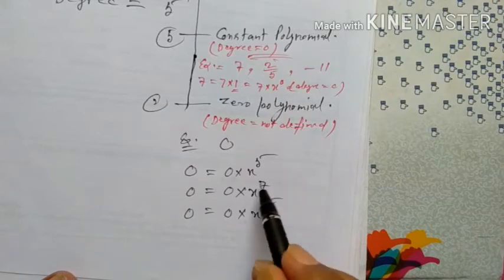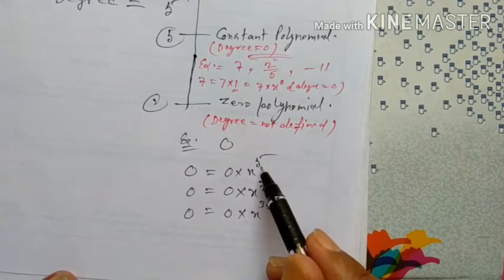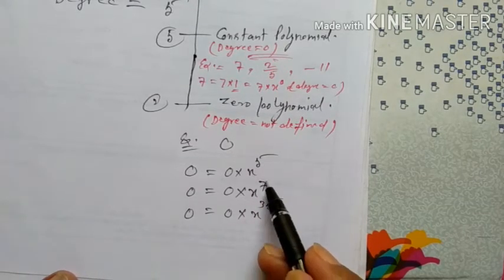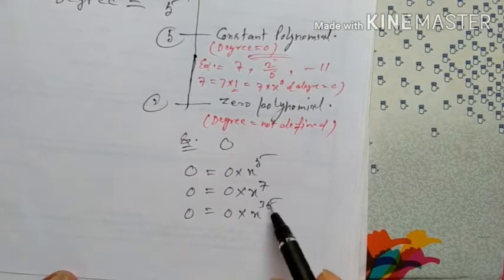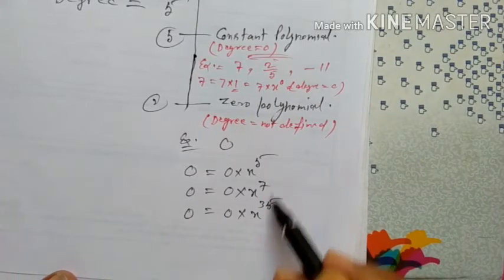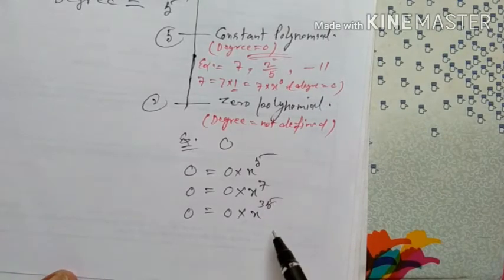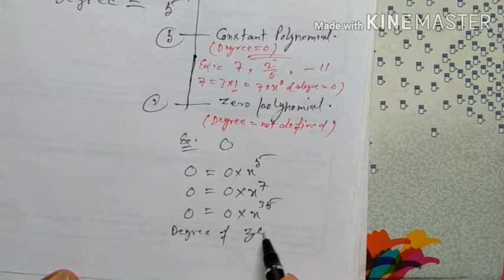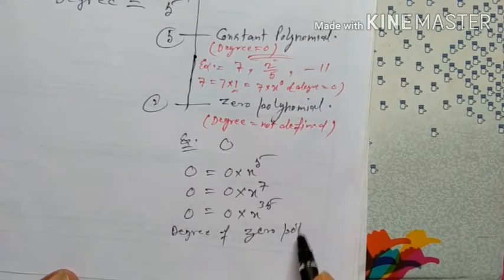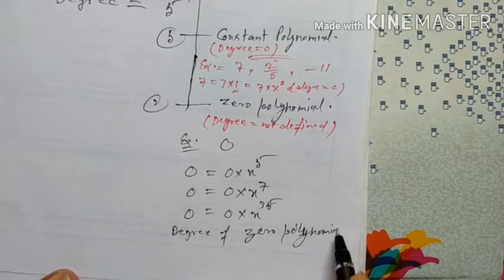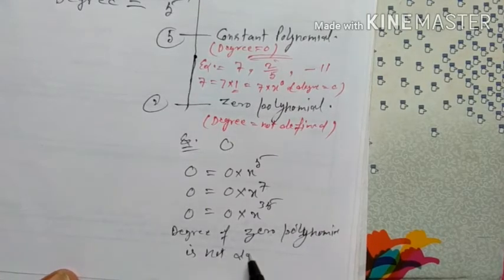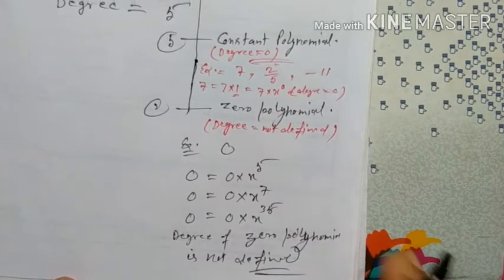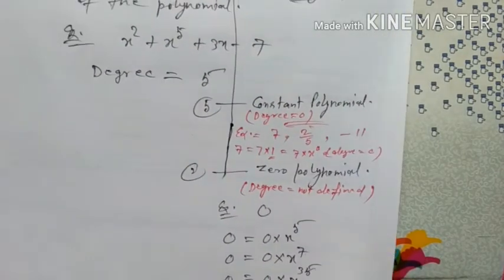So here we see that the degree, meaning power of x, is 5, here 7, here 35. The degrees are changed. There is no certain degree for 0. So we can say that degree of zero polynomial is not defined.